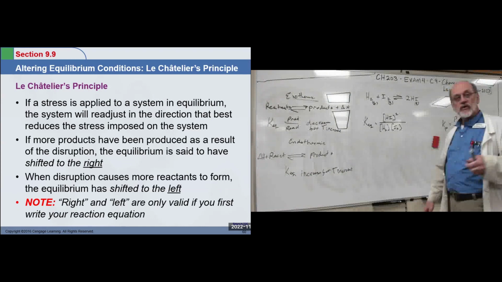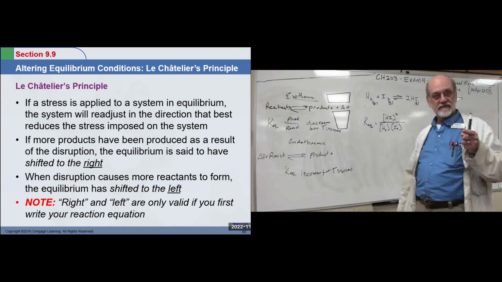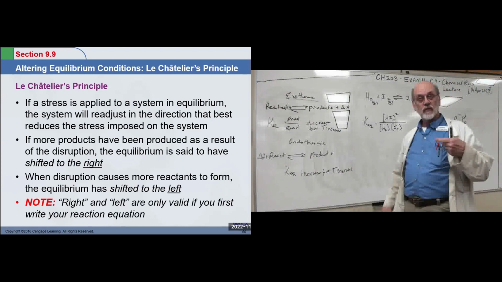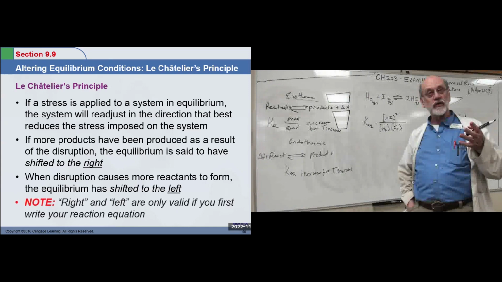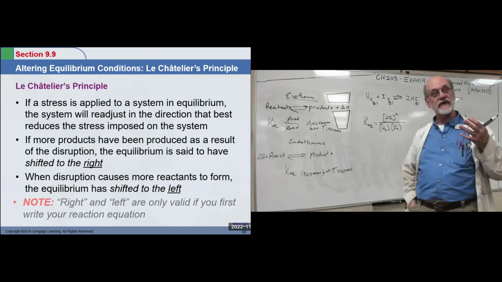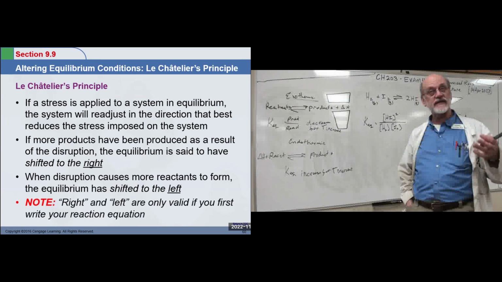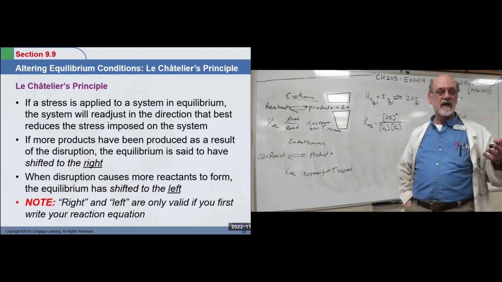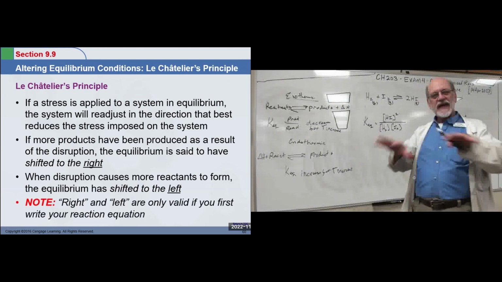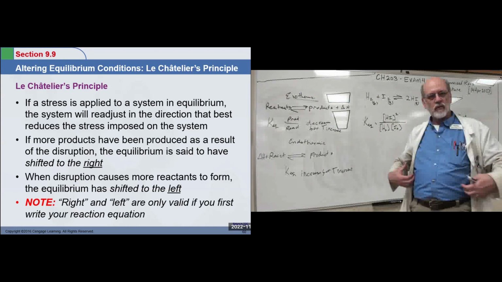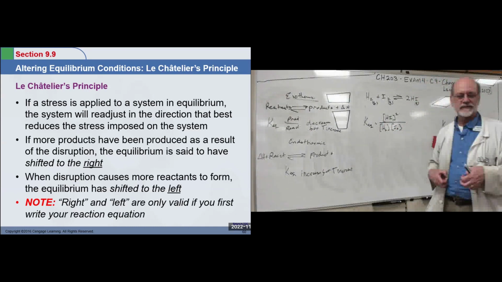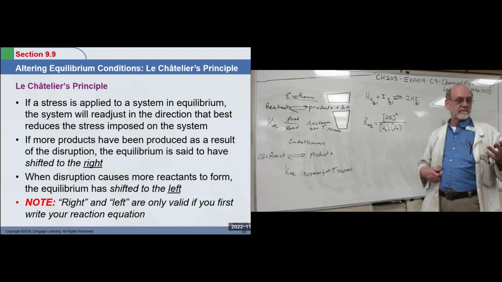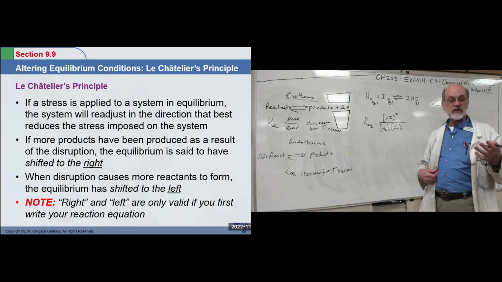Now, we've been using Le Chatelier's principle up to now. When you add or remove reactants or products from a reaction that's at equilibrium, something happens. Le Chatelier put that into a system that was, well, at the time, it wasn't really understood.